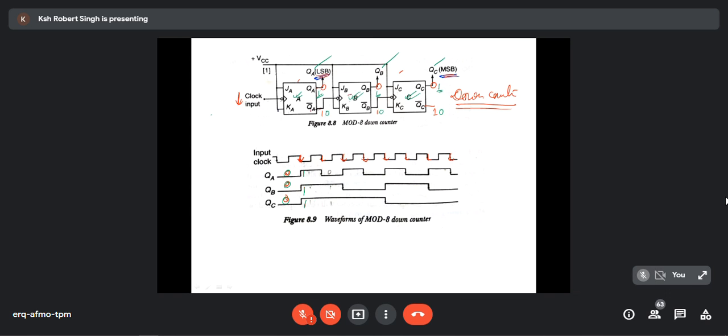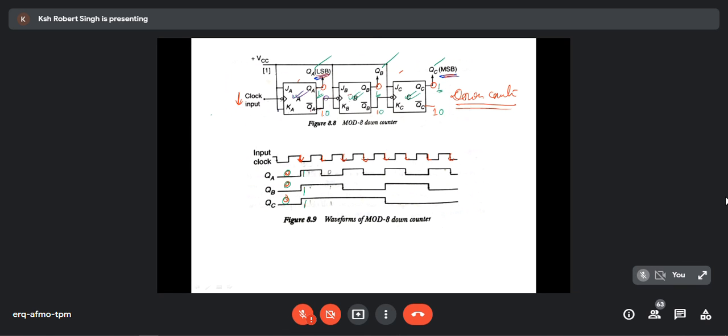Now, one more step I will do for you. Let's say another negative clock pulse has come, and because of that, it becomes active. If it is active, it will toggle. Earlier it was 1, it will become 0.